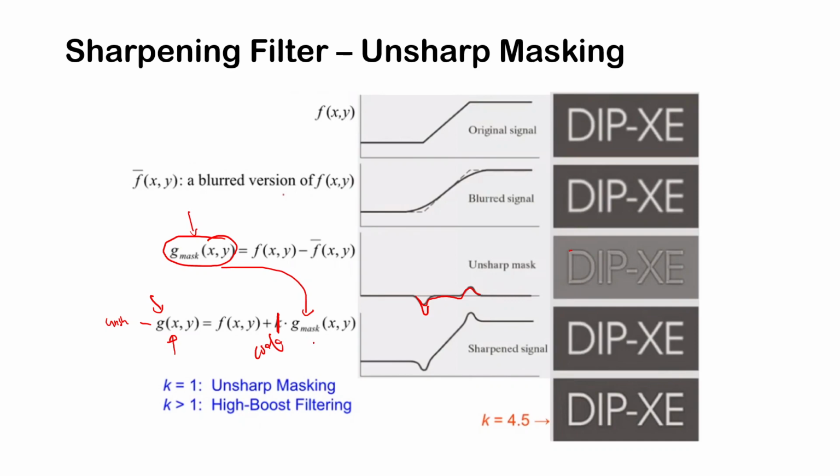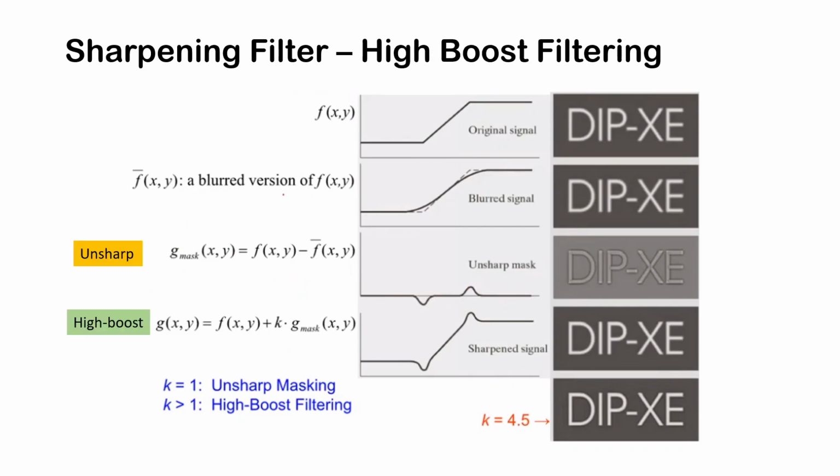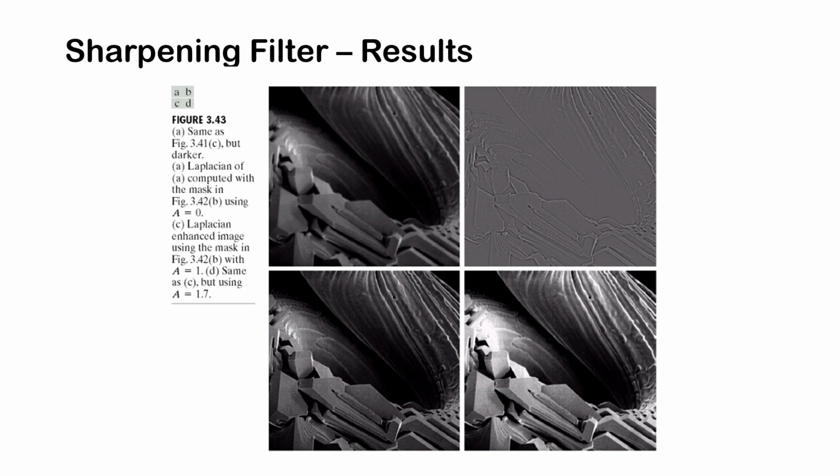Alright, then you know what your results from the input will be. Okay, so again, this is the unsharp mask, and this is high boost. With k equal to one, you get the unsharp masking result, and if k is more than one, you are going to have the high boost filtering. That's simple. Okay, this is just an example.